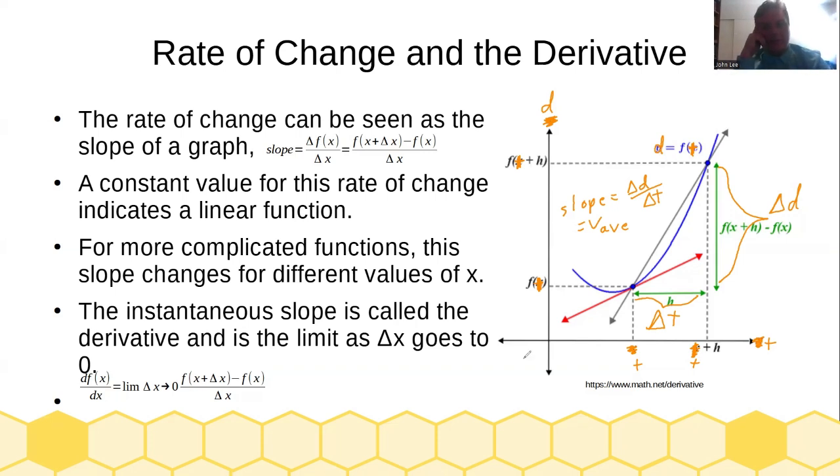By looking at the slopes of these tangent lines at different times, we are able to find the instantaneous velocity at any given time.